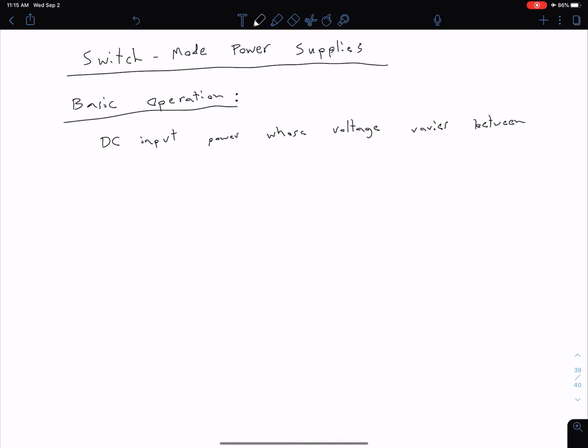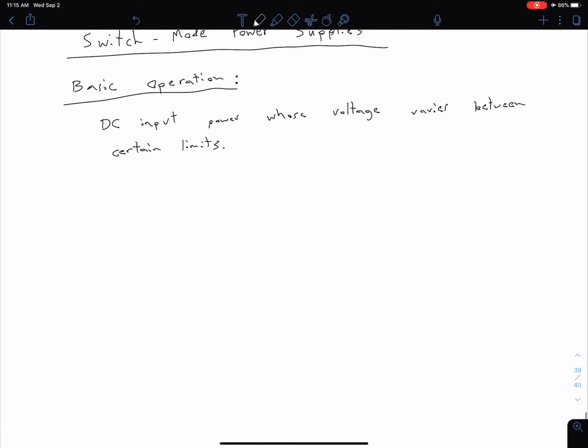We'll see in some examples later on, but maybe this is varying between 8 volts and 12 volts, for instance. So we have some limits that we know this is being limited to. So what we do then is we use this to create an alternating waveform.